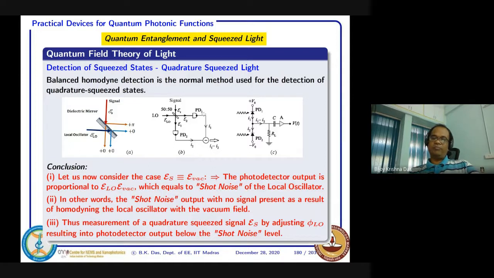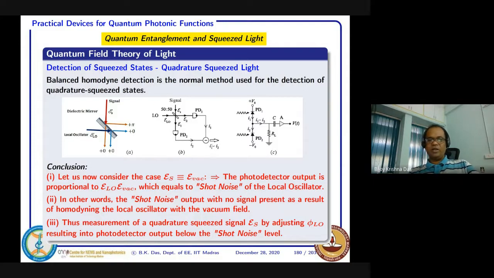That is the reason we ask: can we have some kind of source with which we can actually get below the shot noise level, right? So here, whenever nothing is there, that means you are just giving your local oscillator, and you are dividing it as if you are measuring the total power of a local oscillator. You are using only photodetector 1 and photodetector 2, and then you are combining them, right?